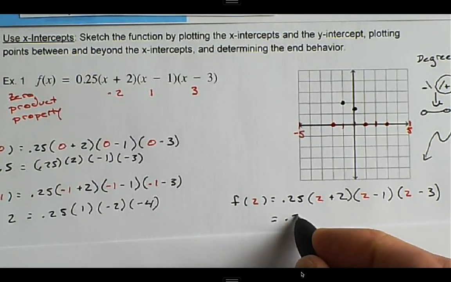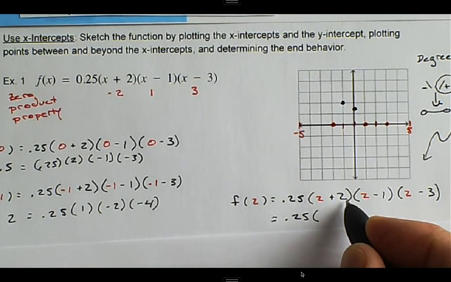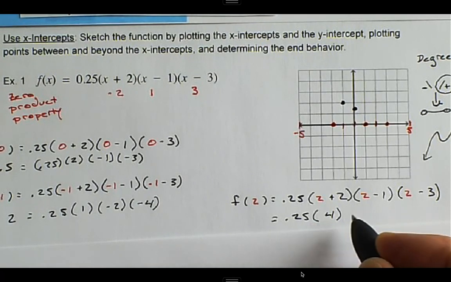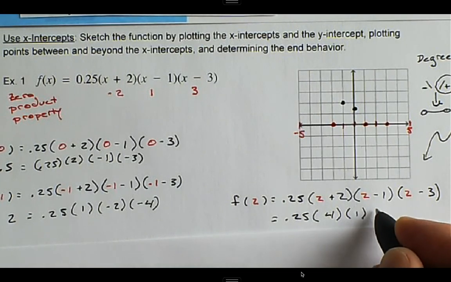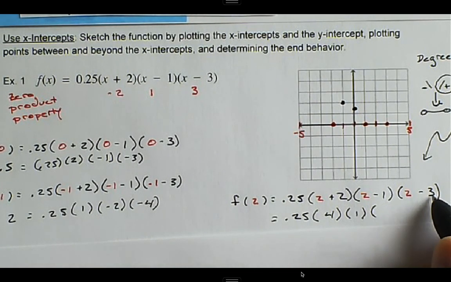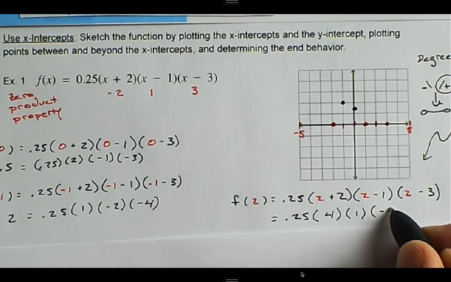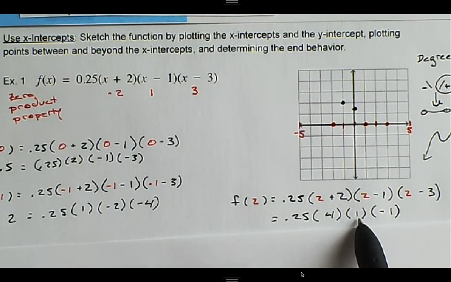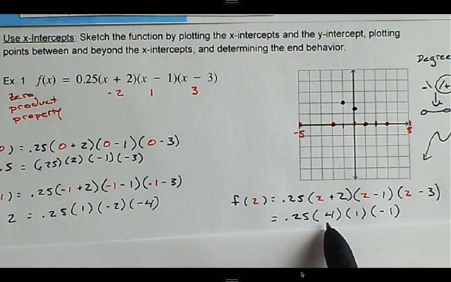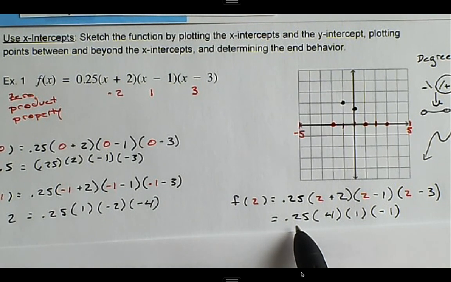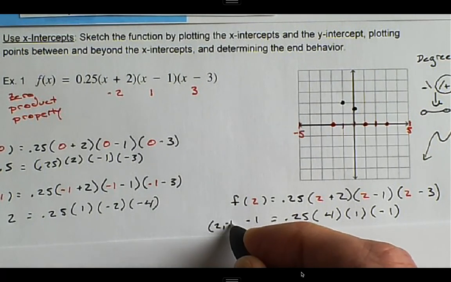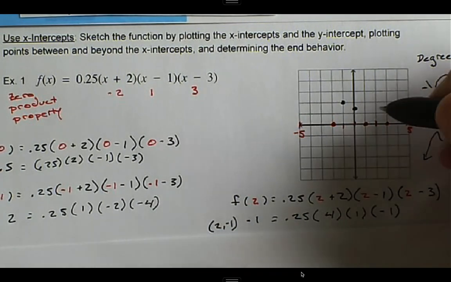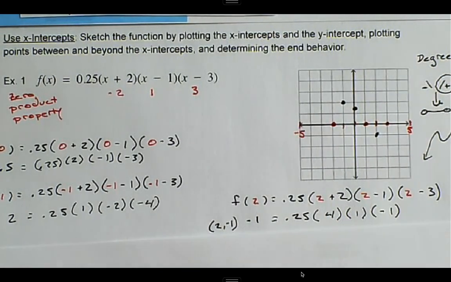So we get 0.25. 2 plus 2 is 4, 2 minus 1 is 1, and 2 minus 3 is negative 1. So negative 1 times 1 is negative 1, times 4 is negative 4, times 0.25 is negative 1. So we get the ordered pair (2, -1). At 2, we're down to -1, and we can see what we're doing.